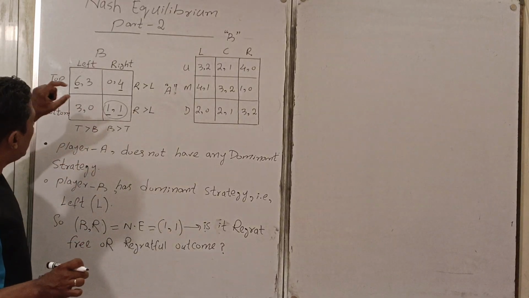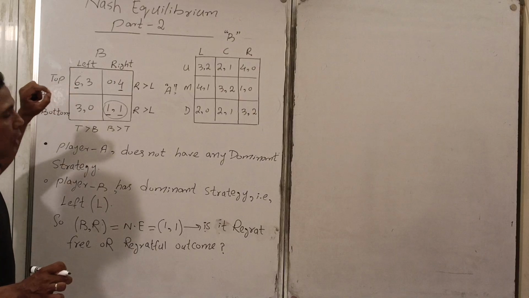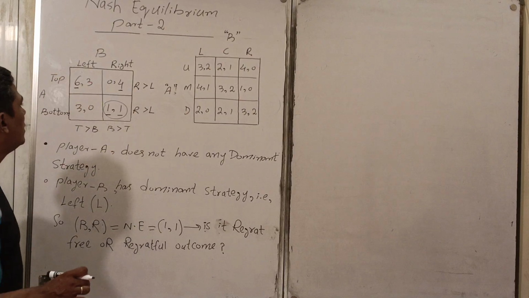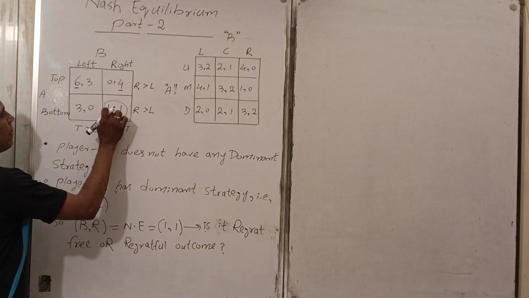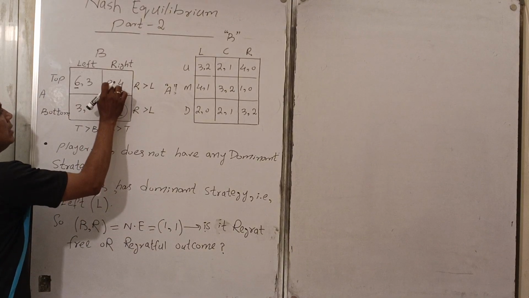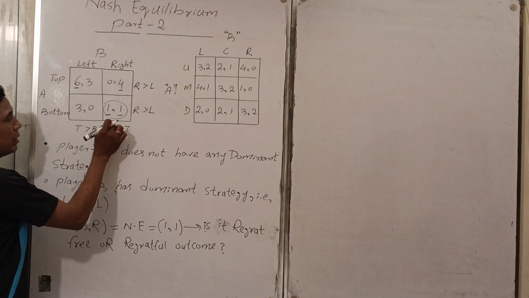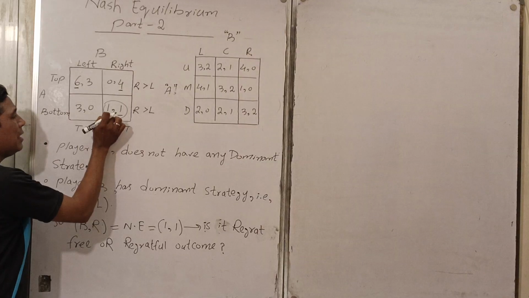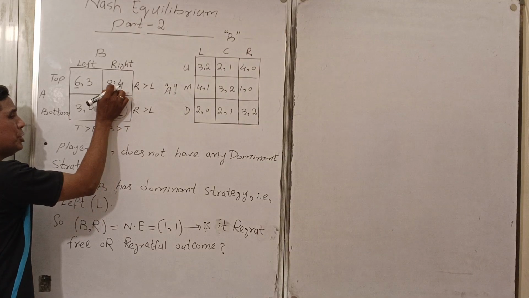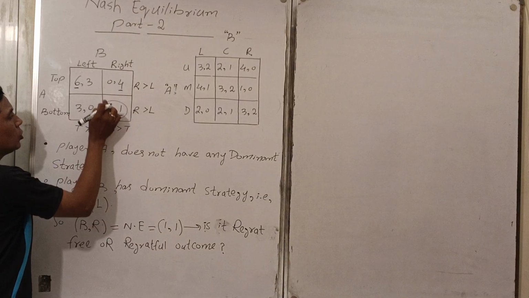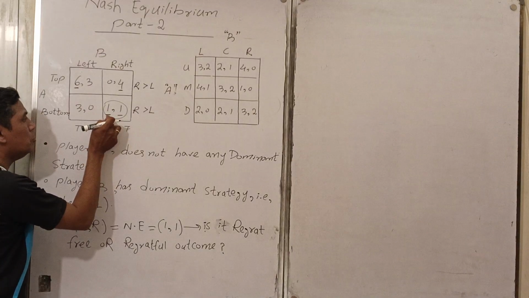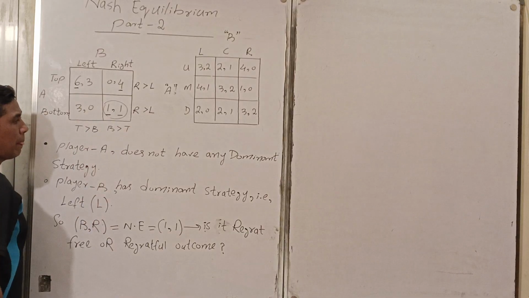Because R is the dominant strategy for player B. So now compare this outcome, A and 0 in case of right. So now is player A better in this position? No. So it means that there is no incentive for player A to deviate from this point.